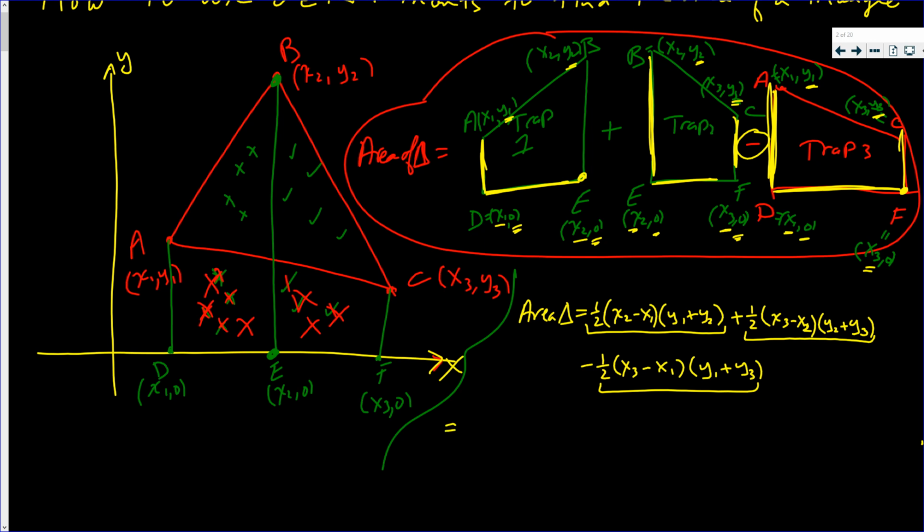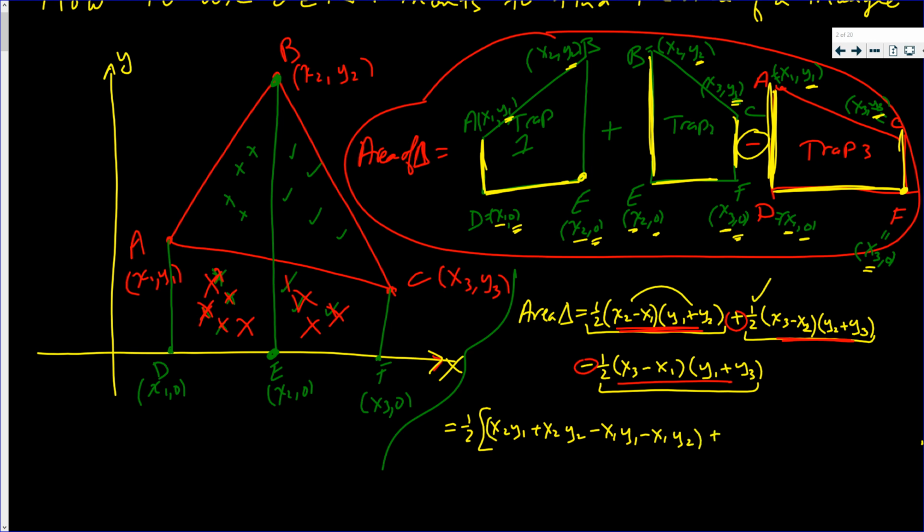If you notice, each term has a 1/2 in common. So I'll factor it out. Let us actually multiply this out, and then that out, but add it, and then this out, and of course subtract it. So in the first one, when we multiply, we get x2y1 plus x2y2 minus x1y1 minus x1y2.